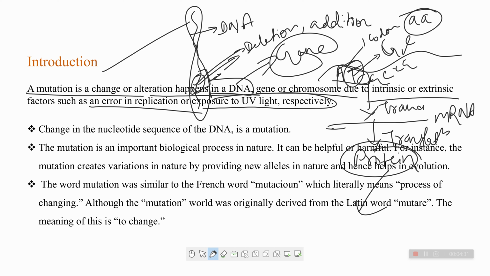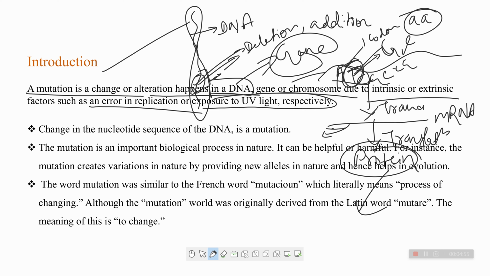If this polypeptide or this DNA codes for a protein or enzyme like insulin, and if any mutation occurs and it changes to trypsin or any other digestive system enzyme, then what happens? There is a total change of function.